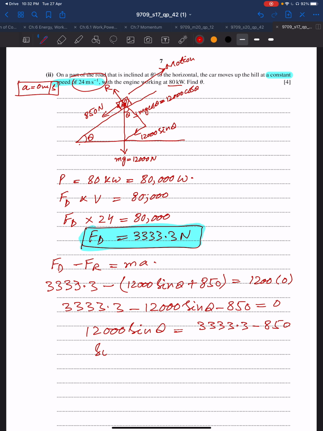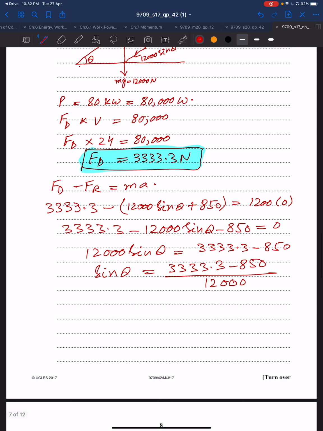so sine theta is equal to 3. I'll do the calculation overall, because doing calculation again and again, I have to stop writing for that.